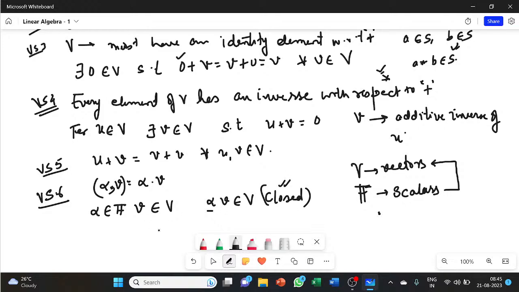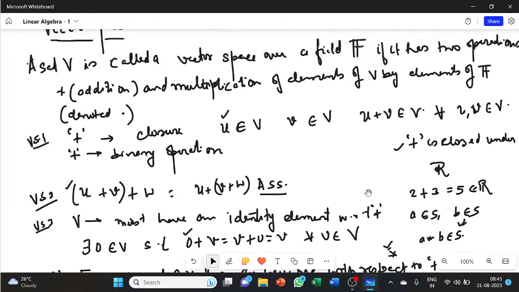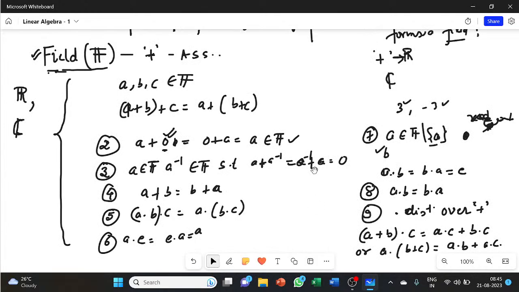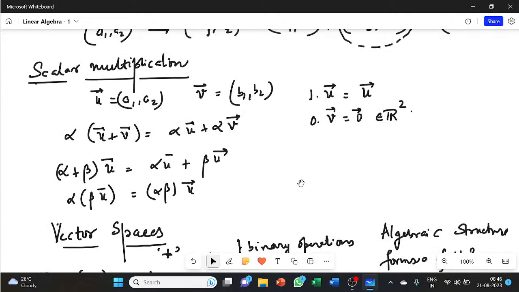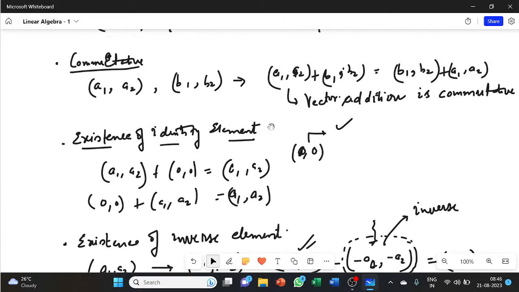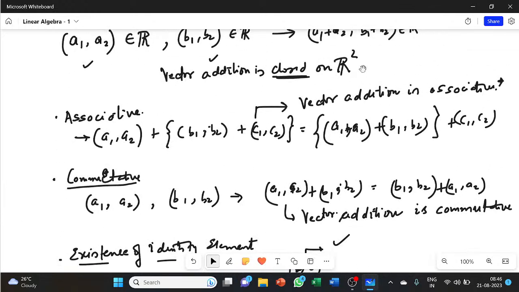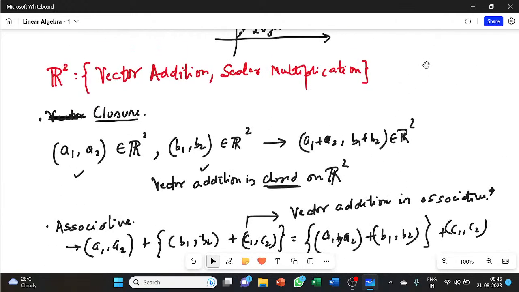That is, if v belongs to the set V and alpha is multiplied to it. For example, if I'm dealing with two-dimensional space and doing a scalar multiplication, I'm going to remain restricted to two-dimensional space itself.